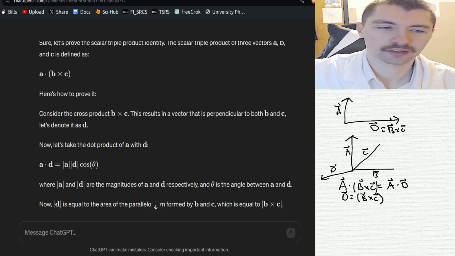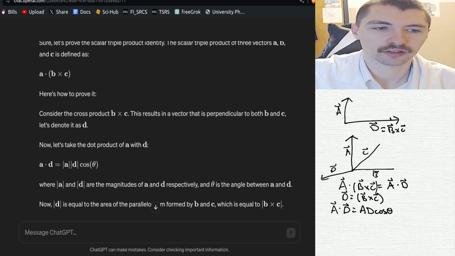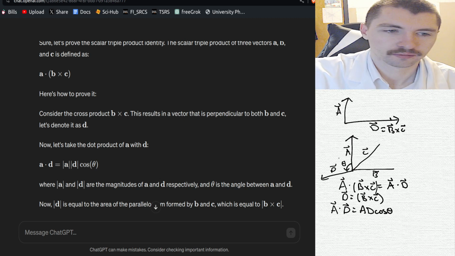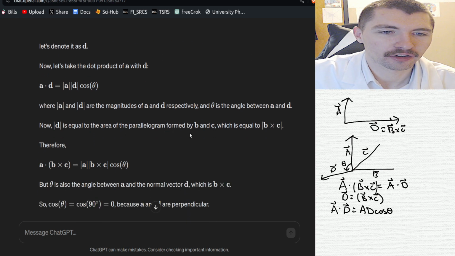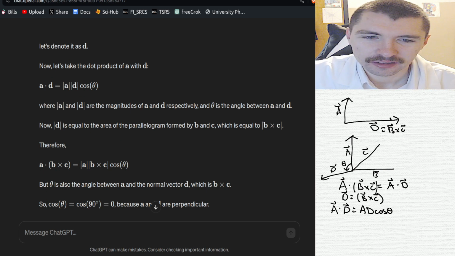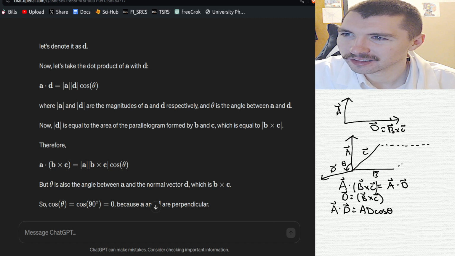So A dot D equals A D cosine theta. So D is equal to the area of the parallelogram formed by B and C. So I'm thinking it's that.